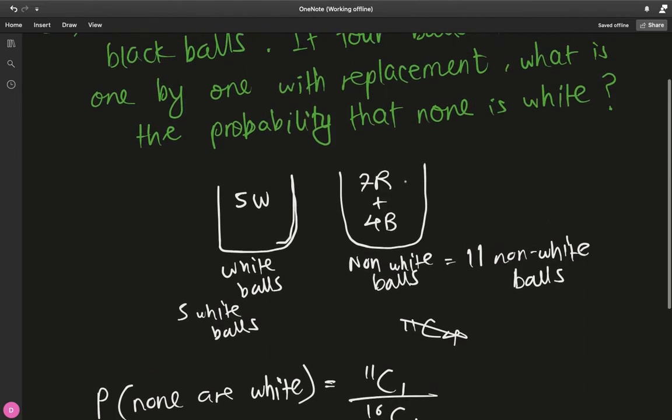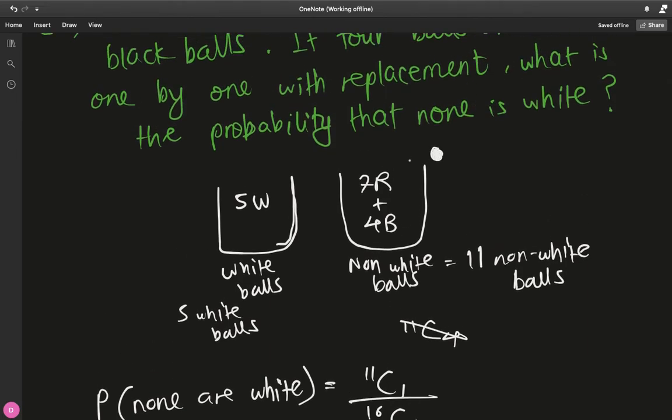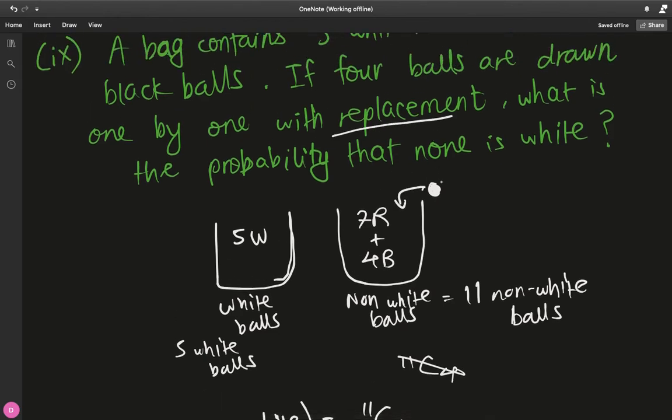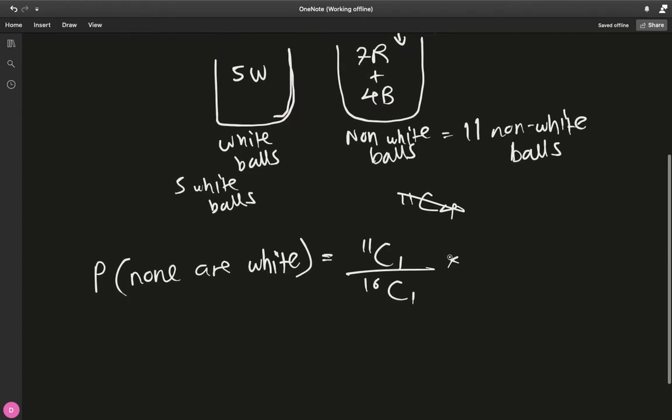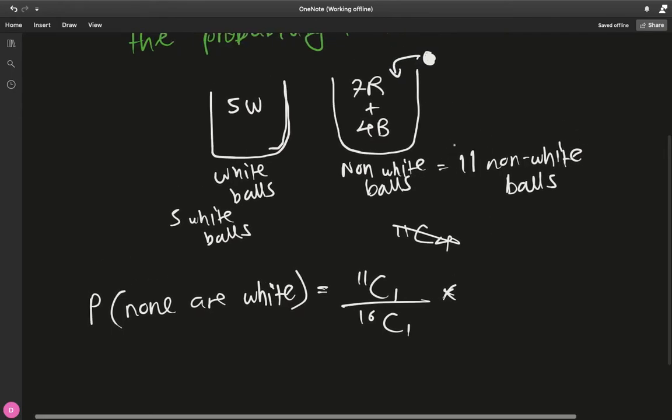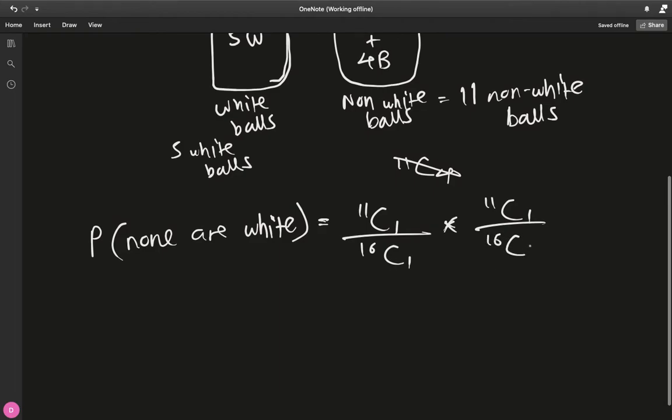And then when you picked a ball, you place it back because there is replacement, right? You're replacing it back. So the 11 non-white still remain 11 non-white. You don't lose a ball because you're replacing it. In the second turn you get 11 choose 1 divided by 16 choose 1.